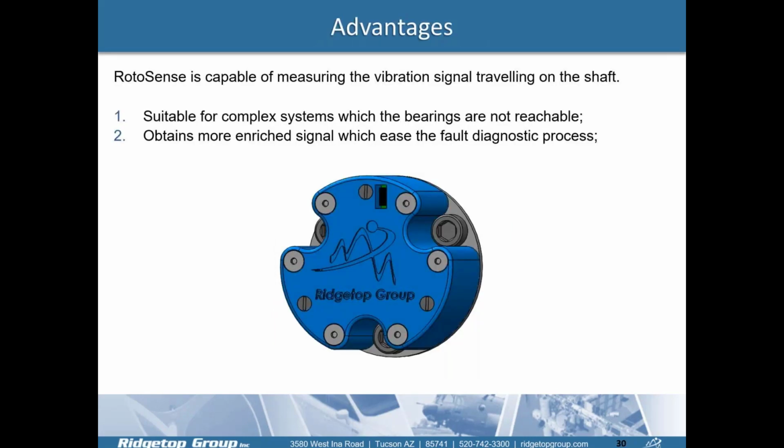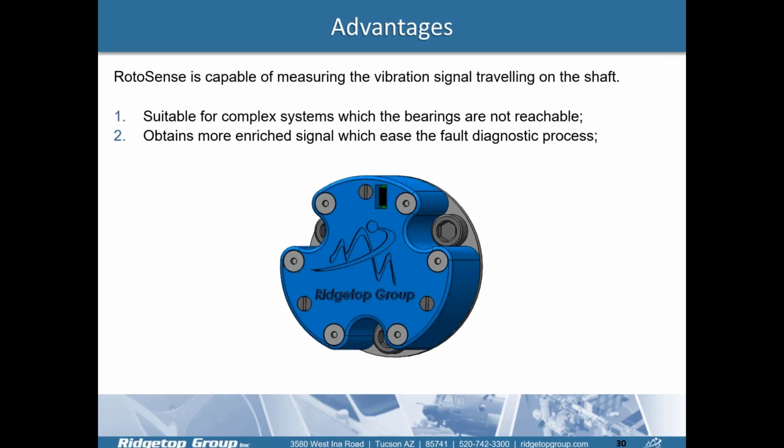Next slide. So to sum it up, I can say that there are 2 main advantages for using RotoSense for fault diagnostics. The first one is that a lot of the time we are dealing with a system that is very complex, and the bearings and the gears and the gearbox are all buried inside the system.